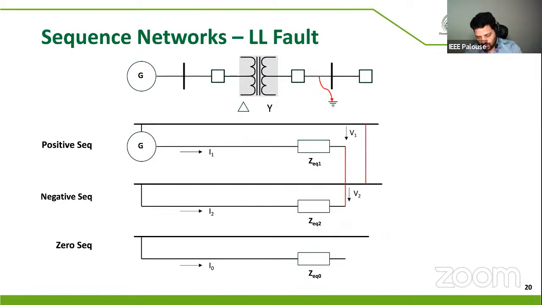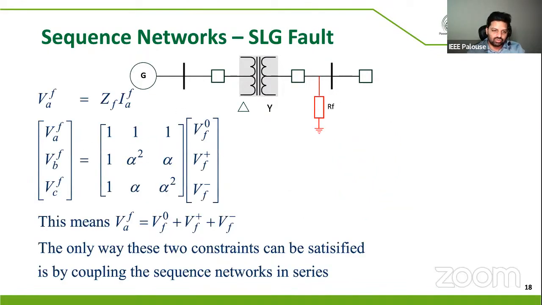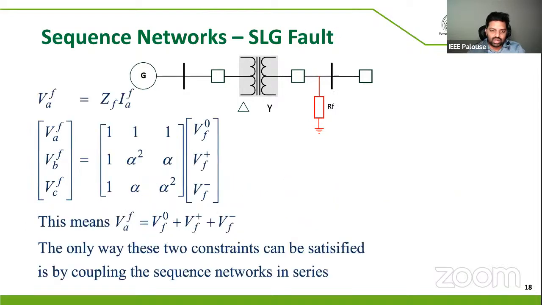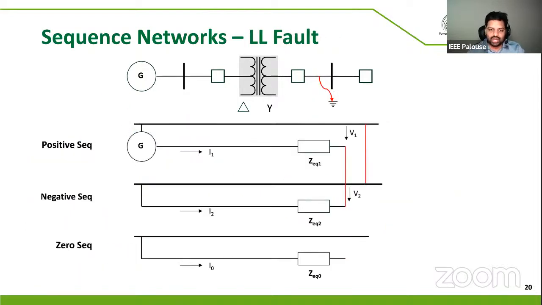Likewise, if you also apply the boundary conditions shown in case of single line to ground fault, like here, you will have only the IA phase. You will never have IB and IC phase. Likewise, if you apply the boundary conditions for line to line fault, you will obtain similar equations, which will lead you to connect these sequence components in the fashion shown here.